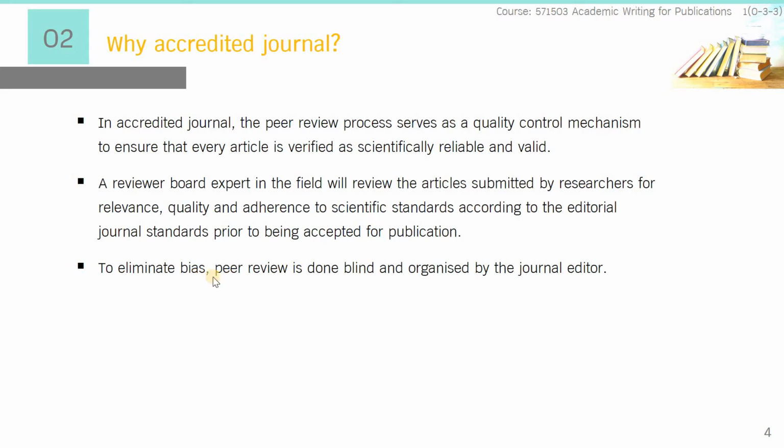This is fair for you who submit the paper. The peer review is done blind, meaning that you will not know who your reviewer is, and the reviewer will not know who is submitting the paper. The peer review is also organized by the journal editor. So the editor is a very important person.